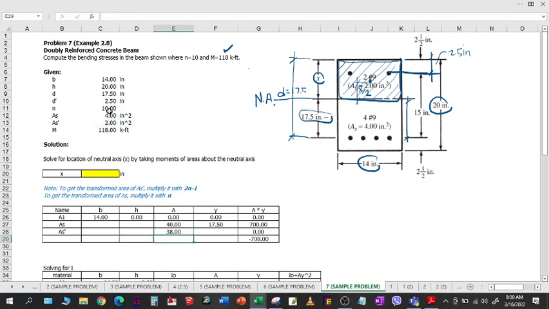Okay, take note of this, 2n minus 1. And the y is this value here, and that is x minus 2.5. So equals x minus 2.5, or here.